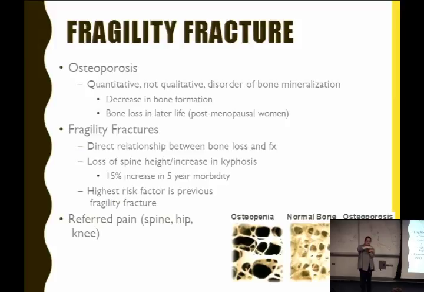If you start decreasing volume in the anterior column, but you still have that nice posterior column intact, you kyphose forward, right? You lose volume on the anterior side while maintaining the posterior side. So the kyphosis can be compression fractures or just sustained volume loss over time. And if you get a 15% increase in the amount of volume loss, that increases your 5-year morbidity.